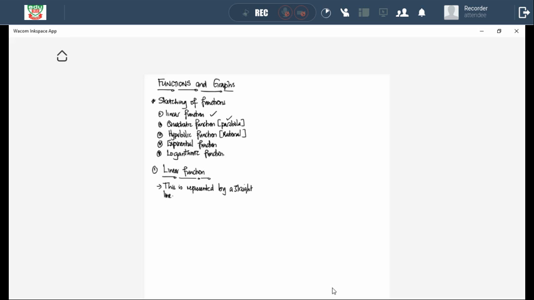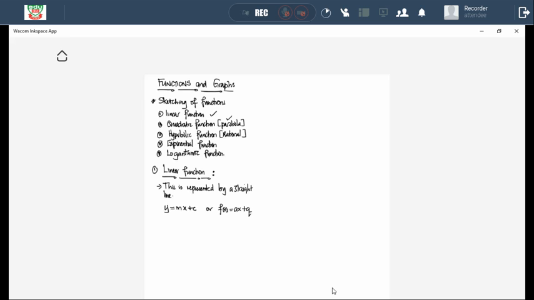A linear function is given by the expression, if you would go back, as a function or as an equation. This is given by y equal to mx plus c from your lower grade, or in terms of functional notation, we say f of x is equal to ax plus q.